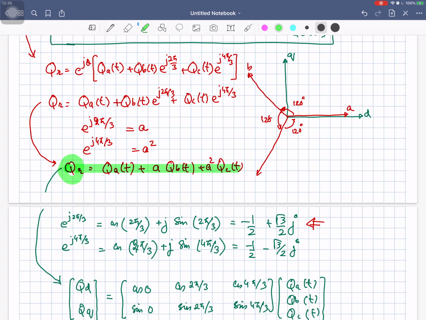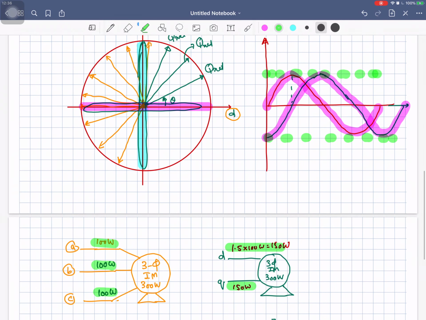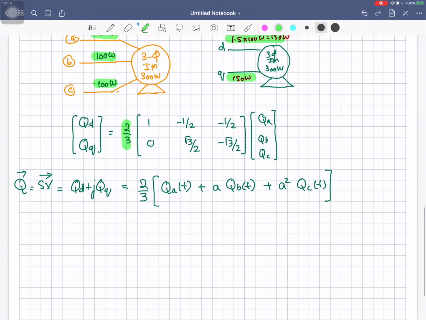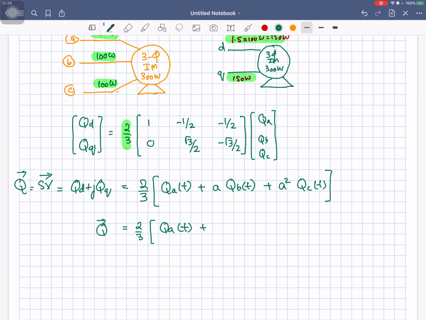The only difference is that we have multiplied it by 2 by 3 to keep the magnitudes of phase A and the D component equal to each other. So this expression is the expression for the space vector and will be used onward for the explanation of space vector PWM.